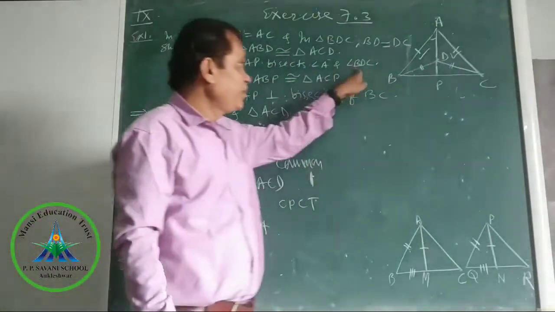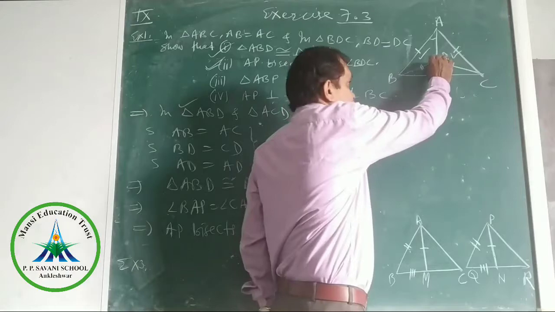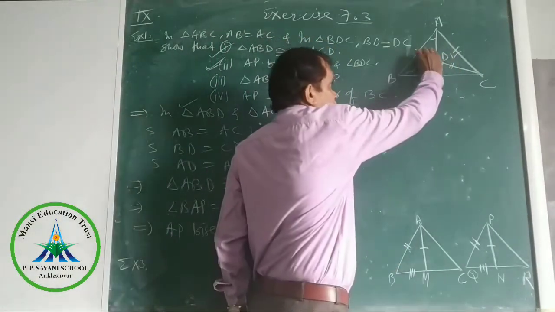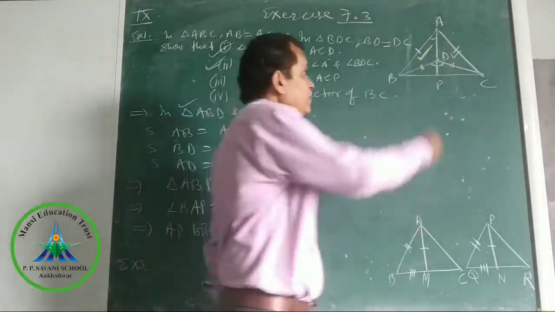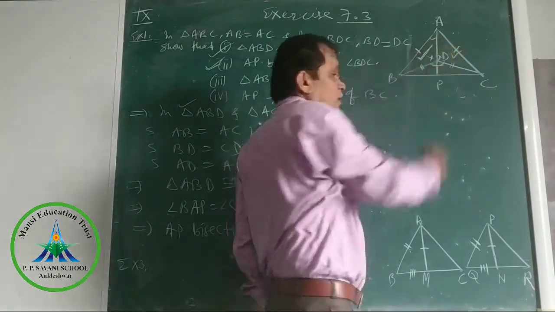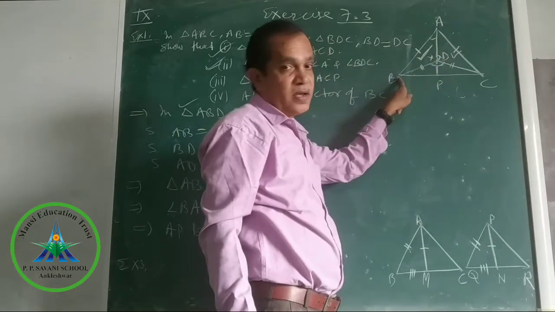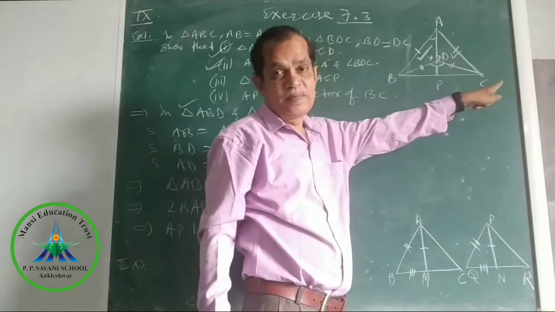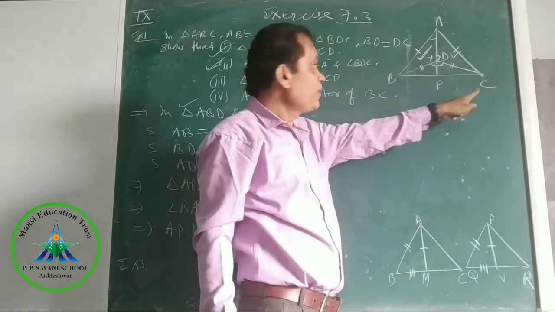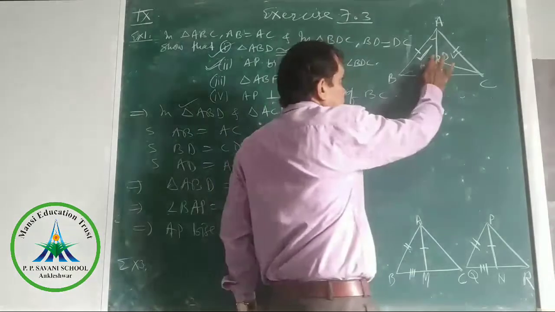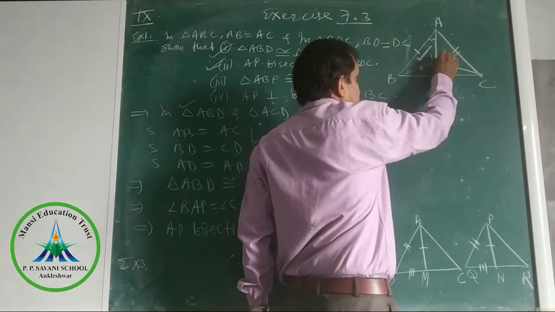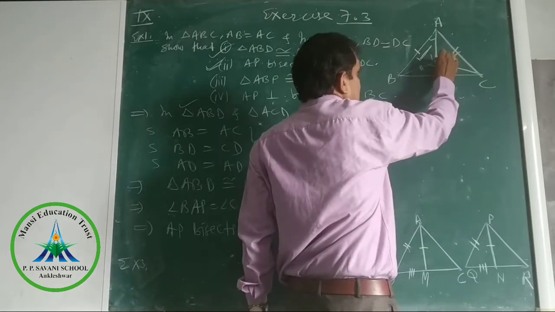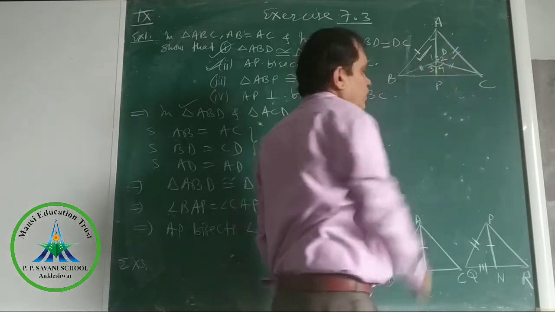Now BDC, this angle. See students, now in the first one, ABD and ACD, angle ADB is equal to ADC. Again simplicity. If we number these angles, look here: 1, 2, 3, 4.